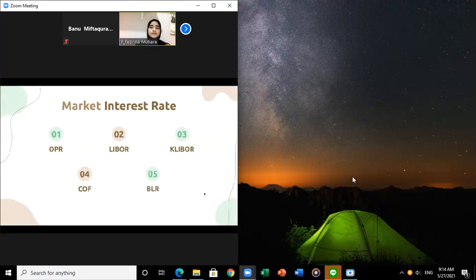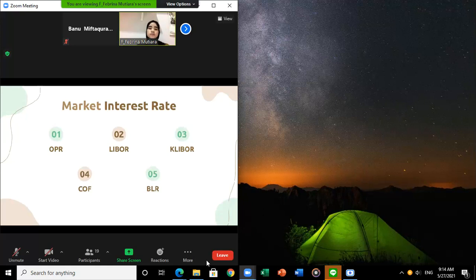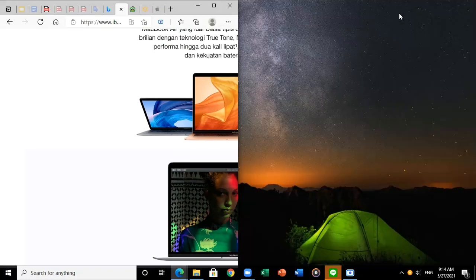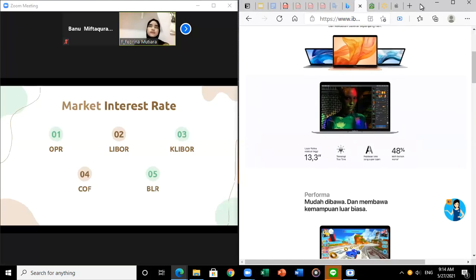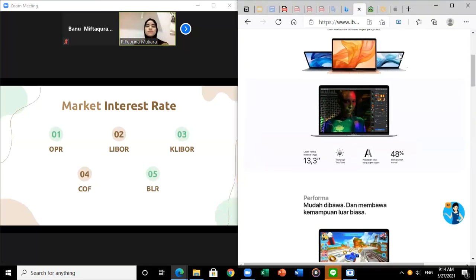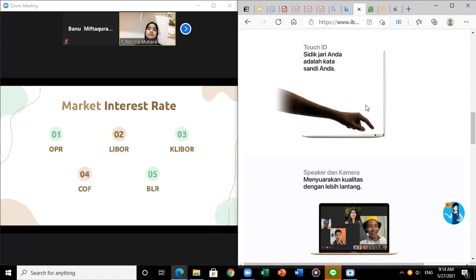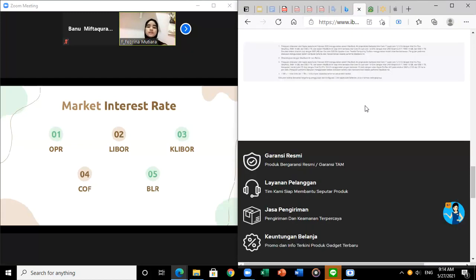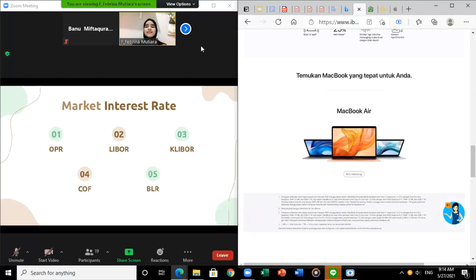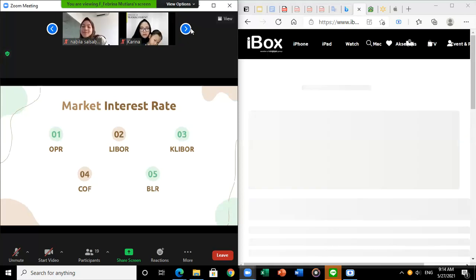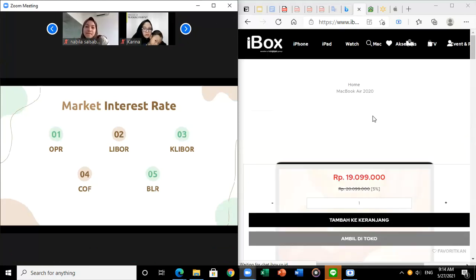Okay, then there's market interest rates, used as follows. There is the overnight policy rate. The overnight policy rate is an overnight interest rate set by the bank in Malaysia, used for monetary policy direction. And then there's the London interbank offered rate, already mentioned before in a previous presentation.